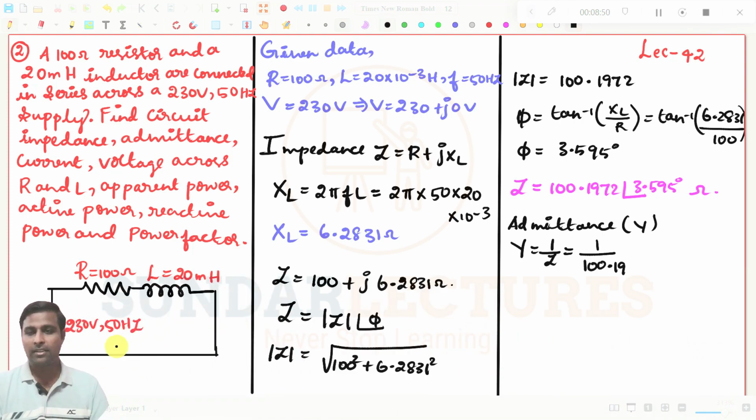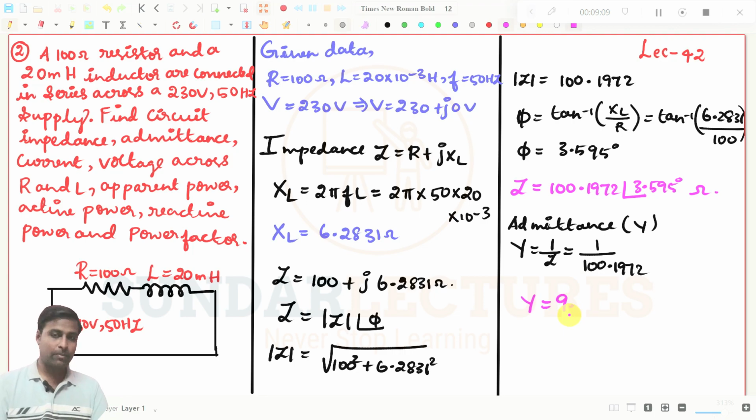If you simplify this, this is the Y value. So if you simplify this one, you will get 9.9803 into 10 to the power of minus 3.